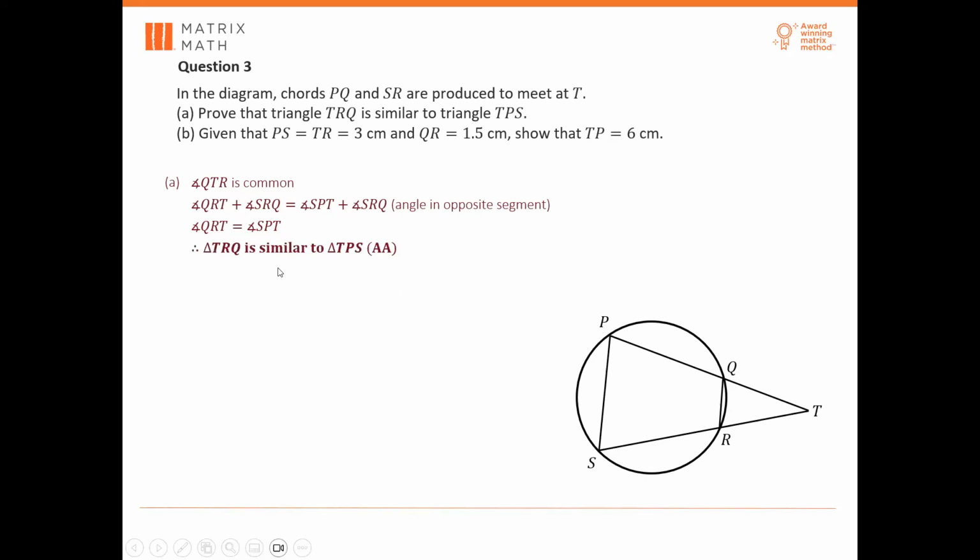So therefore, TRQ is similar to TPS. Done. Okay, so in part B, right, you can just draw the conclusion based on the two triangles being similar. So just key in your values, you will get TP equals to 60.